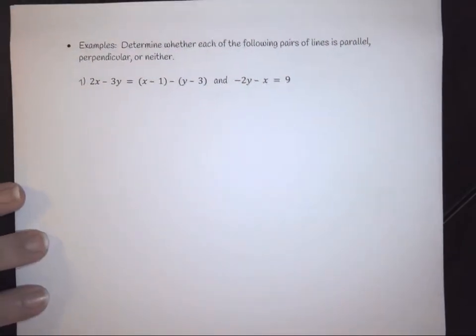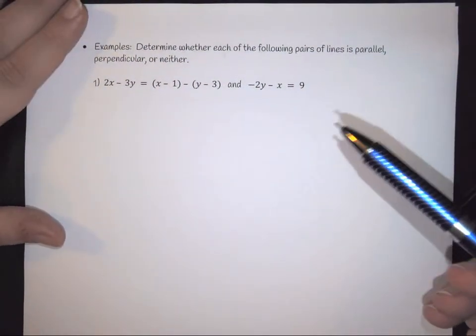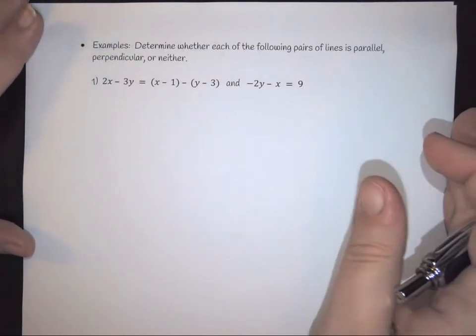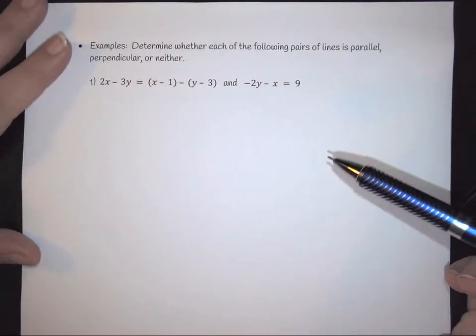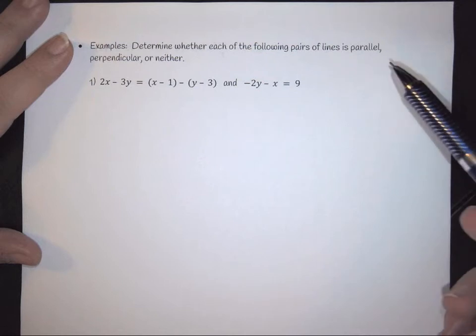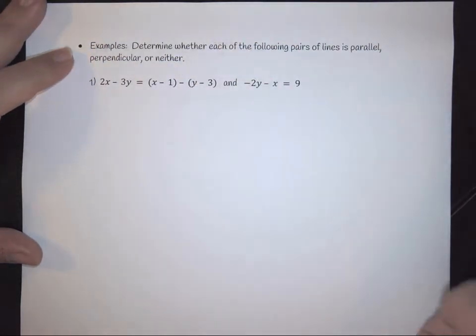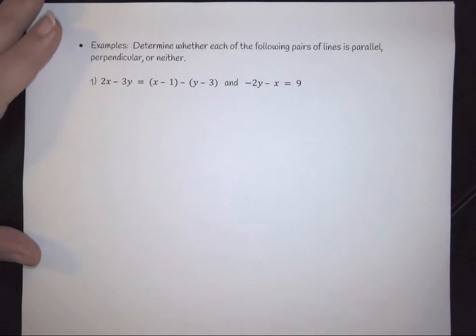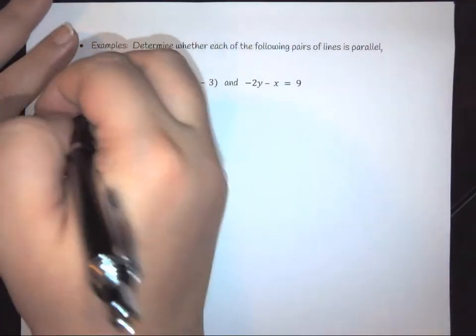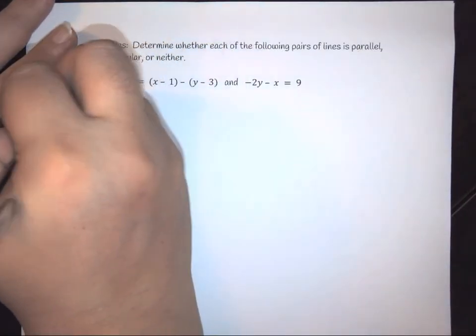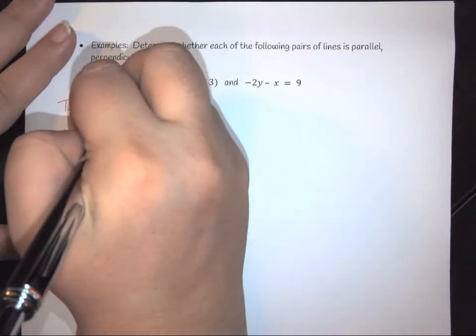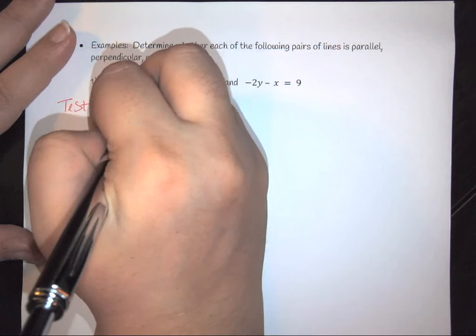Alright, now that I'm done messing with you, let's actually do a couple examples here so you can see how these work. So this first example says that you have to physically determine if your line is parallel, perpendicular, or neither. So what does that actually mean? Well, it means that you have to test your parallel rule.